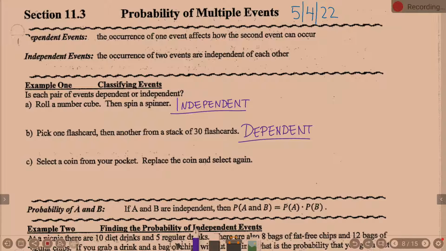Independent. Am I selecting from the same coins both times? Yes. I pick a coin, but here's the catch. Did you see it? You replace it. So now I'm back to the same original grouping, and I select another coin. So these events are independent of each other.